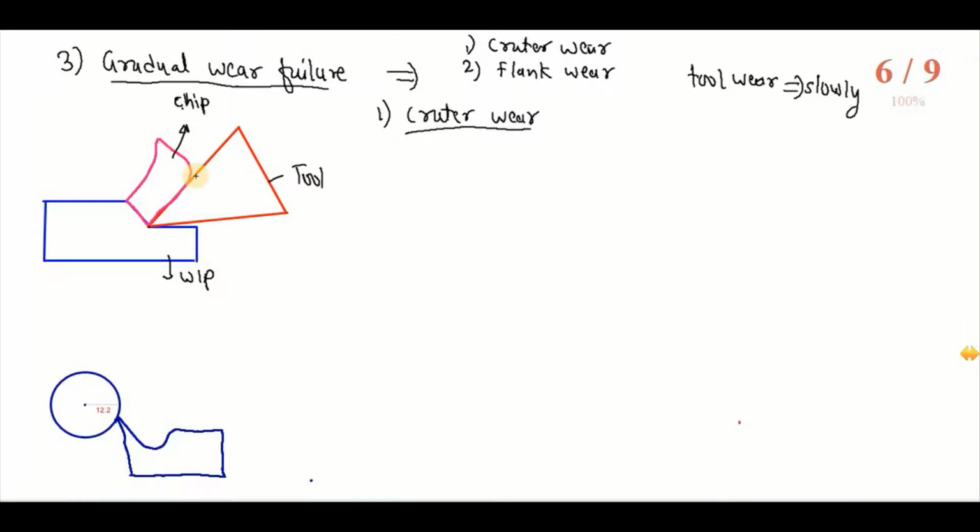This crater, a shallow spherical depression, is formed on the surface of the tool by the action of chip particles flowing over it at very high temperature.